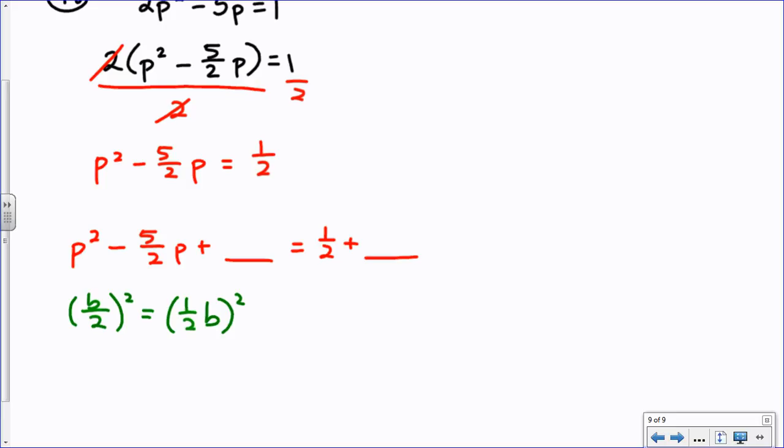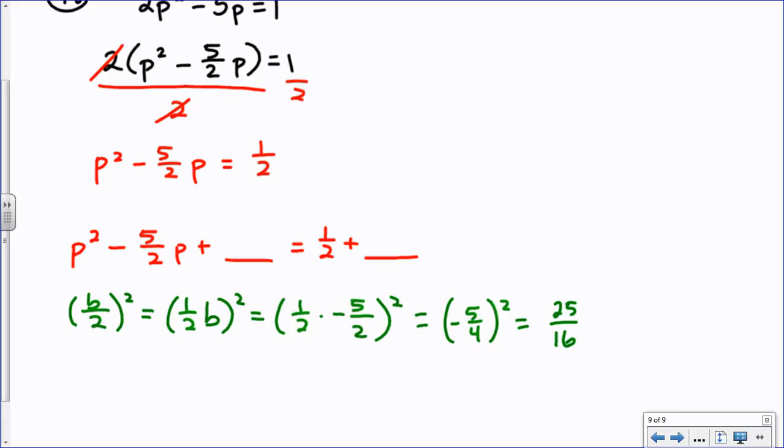The reason I do that is because b is a fraction, and I don't have to do 5 over 2 over 2. I just don't want to mess up my calculation there. So what I have is 1/2 times negative 5/2 squared, which is negative 5/4 squared. Squaring a negative is positive. And 5 squared is 25, and 4 squared is 16. So 25 over 16.